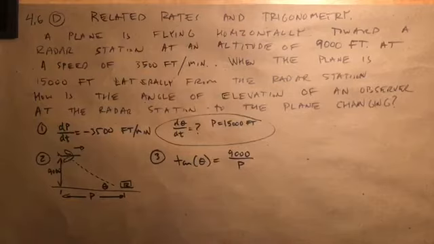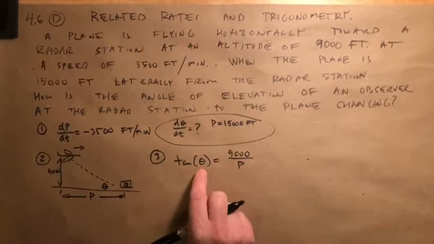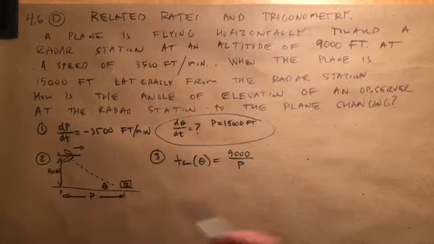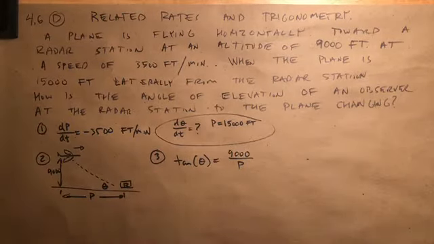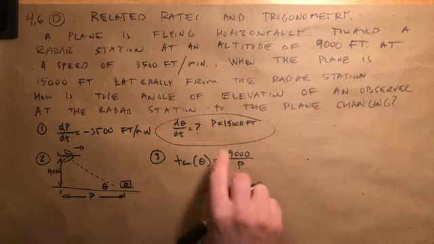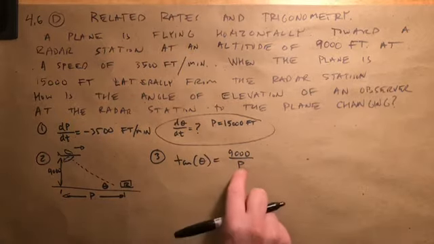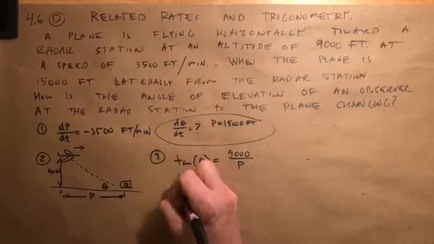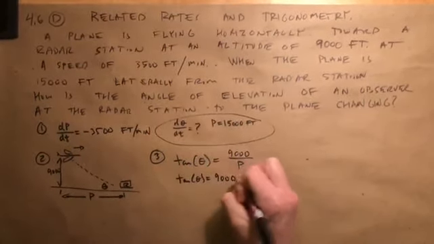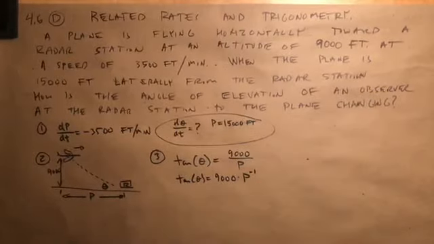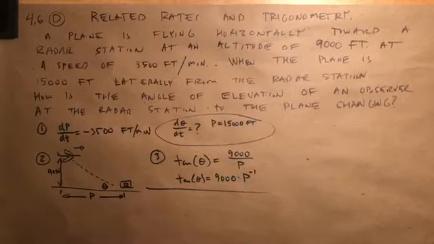Now it's time to take our derivative, keeping in mind that theta is a function of time, because theta should be getting bigger, and p is a function of time. P should be getting smaller. So let's go for this. I might do a little bit of housework before I take the derivative. I'm going to write this as tangent of theta equals 9,000 p to the negative first. And I hope that doesn't hurt anyone's feelings.